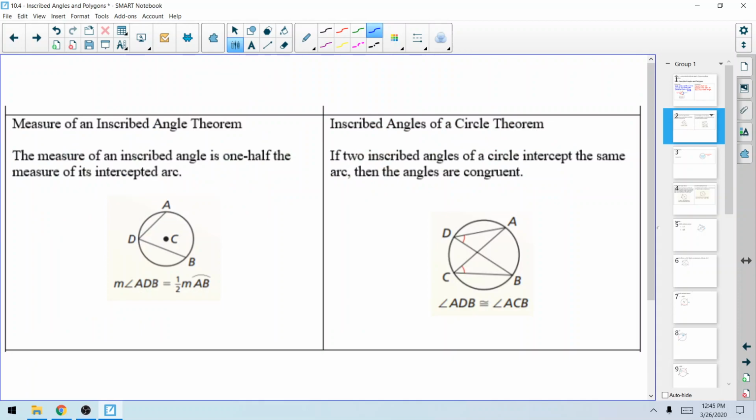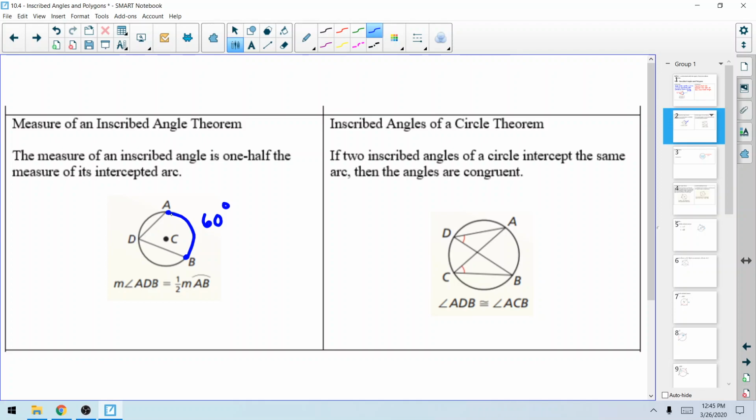Moving on, measure of an inscribed angle theorem. The measure of an inscribed angle is 1/2 the measure of its intercepted arc. So let's say I'm dealing with the arc AB, and I know the measure of that arc is 60 degrees.